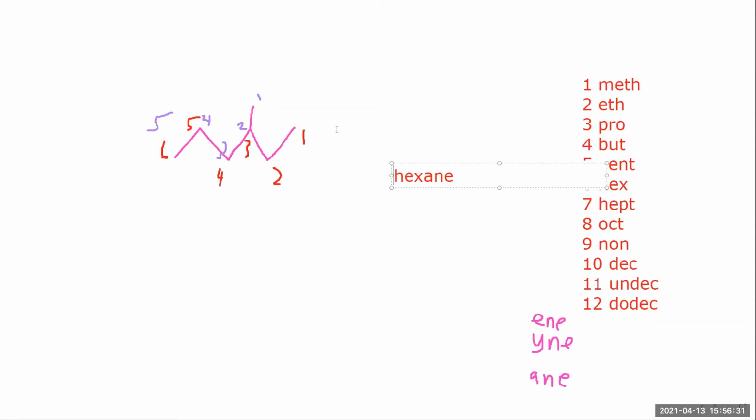Meth. So anytime that you have a branching structure, you'd use the term meth, and then you put yl at it. And you have to tell me where it's located. You always want that to be the smallest number possible. So it would be 3. Where is it located? 1, 2, 3. Oh, you're starting from the side that you picked.